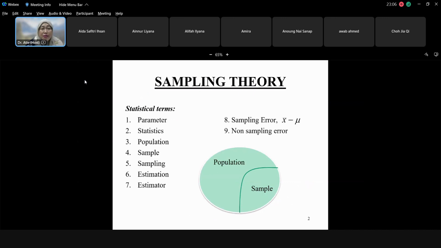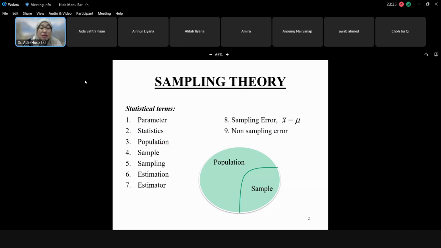So let's have a look at all the terms that we are going to use in our sampling theory, in our chapter 5. So the first word, based on your book, page 56, we have population. The population, as I told you before, is every single object or subject that we want to study, and we cannot miss even one, right?